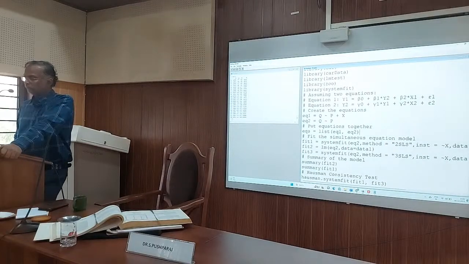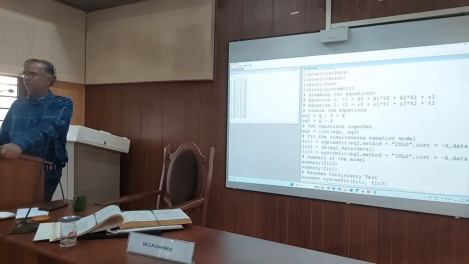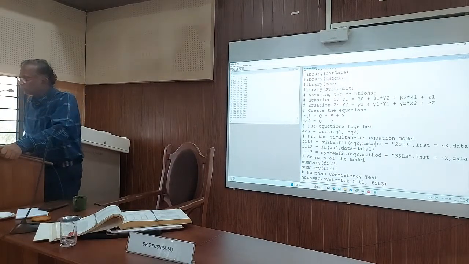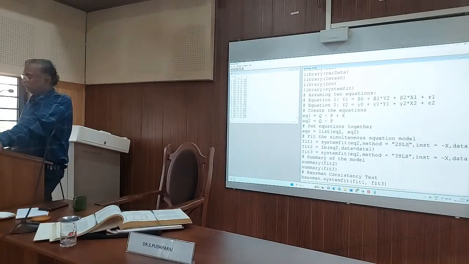So fit1 is the system estimation function in the simultaneous equations model, right? You have to specify which method you are using. I am using 2SLS, right?